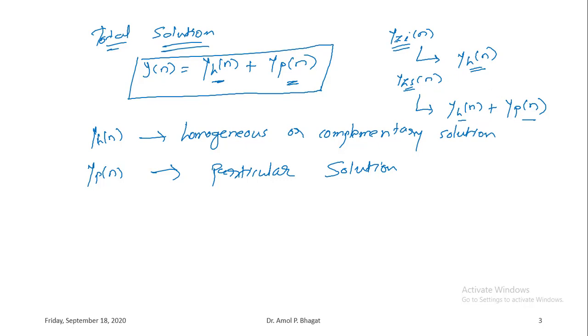From homogeneous solution, we'll see how to identify zero input response. Then by taking the combination of homogeneous solution and particular solution, we'll see how to identify the zero state response. So now we'll see how to identify the homogeneous solution of a difference equation.